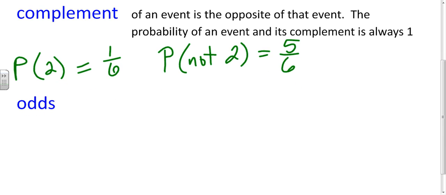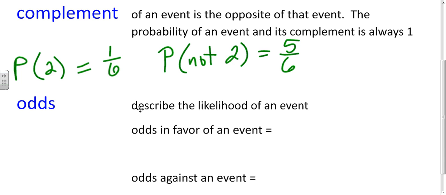And you can see if I add 1/6 and 5/6, I get 1. And then odds. Odds describe the likelihood of an event. So the odds in favor of an event would be the number of successful outcomes.